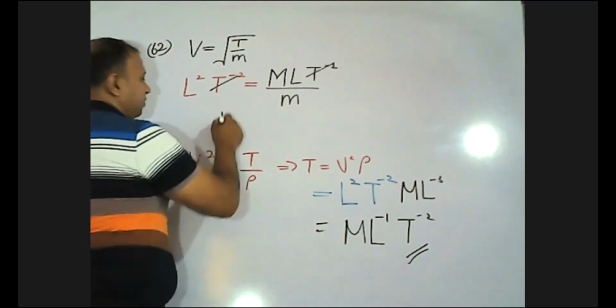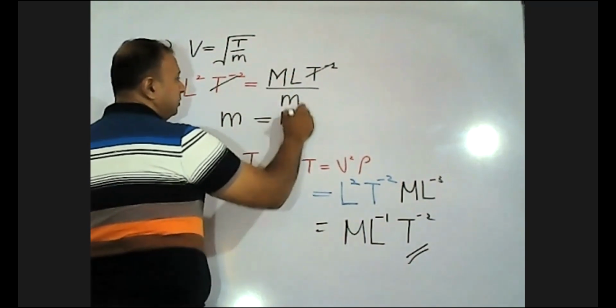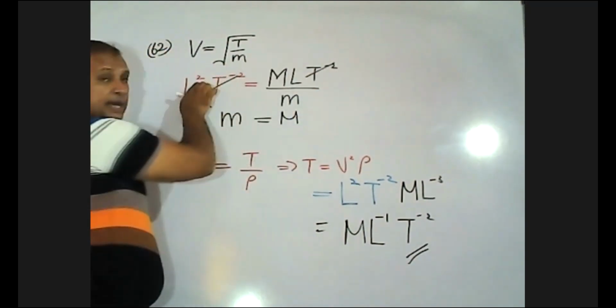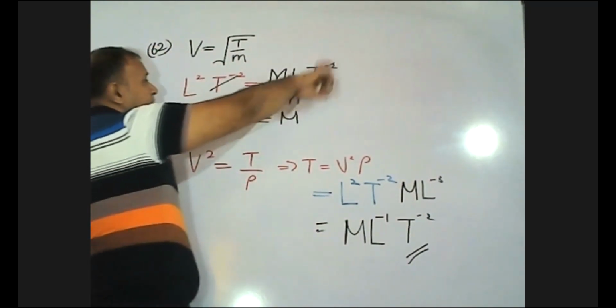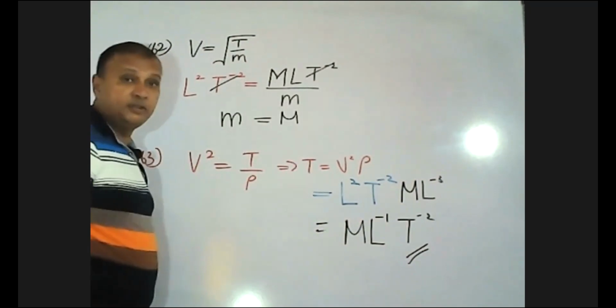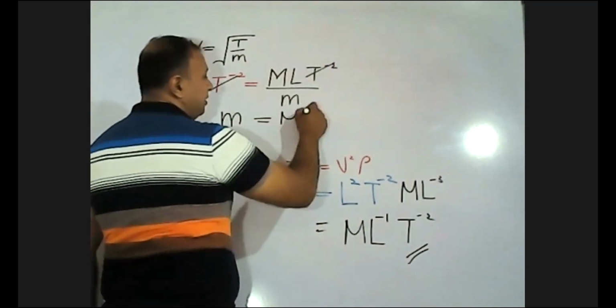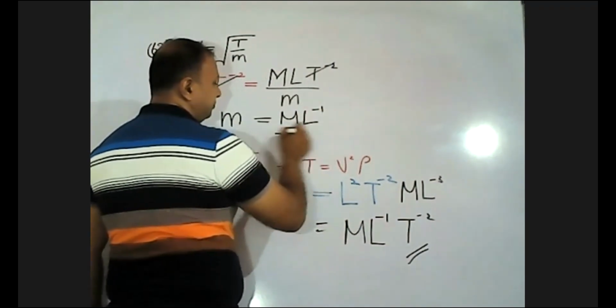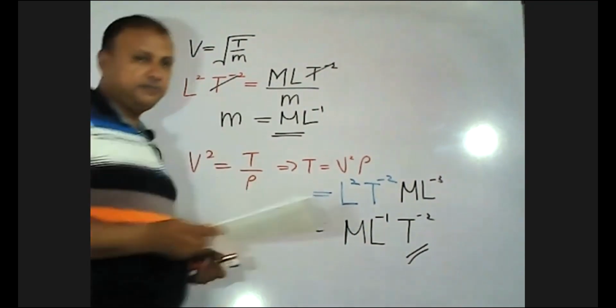So M is equal to M. Here L, here L to the power 2. If I take L to the power 2 here, it will be minus 2 plus 1 minus 1. M to the power minus 1, L to the power minus 1. Then 65.